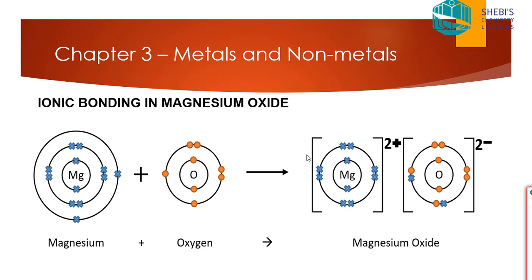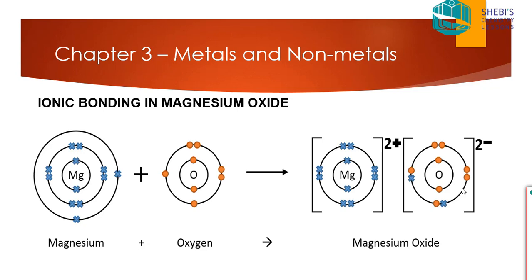See here, in magnesium oxide, the blue colored electrons are coming from the magnesium atom. Now both of them got an octet. But the atoms became ions. Magnesium became 2 plus because it lost 2 electrons, and oxygen became 2 minus because it gained 2 electrons. So this is the structure of magnesium oxide. Hope it is very clear to you.